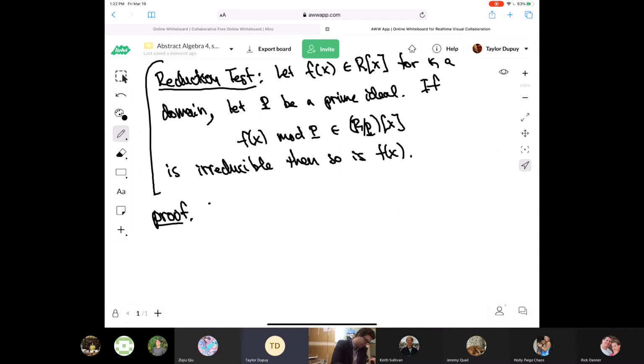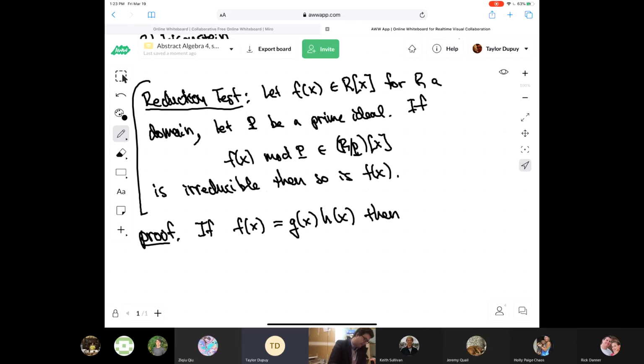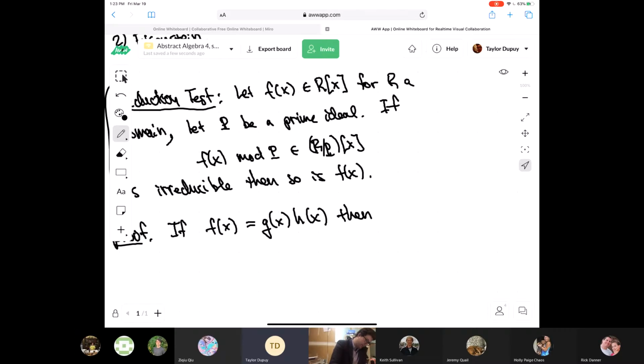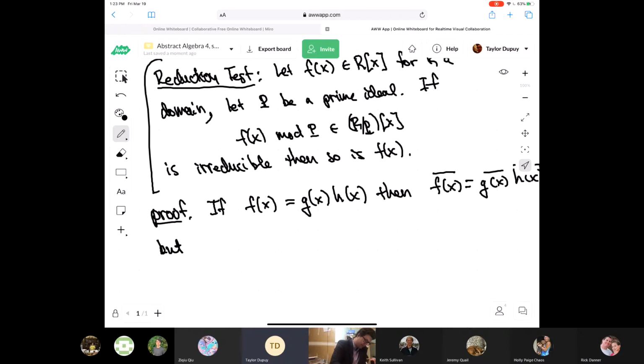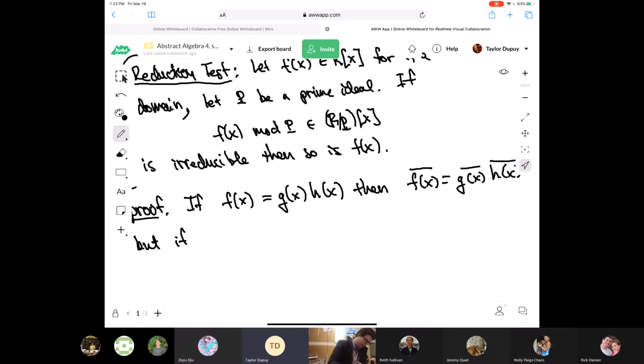So if f of x is equal to g of x times h of x, then f of x bar is equal to g of x bar times h of x bar. But if this is impossible, right?